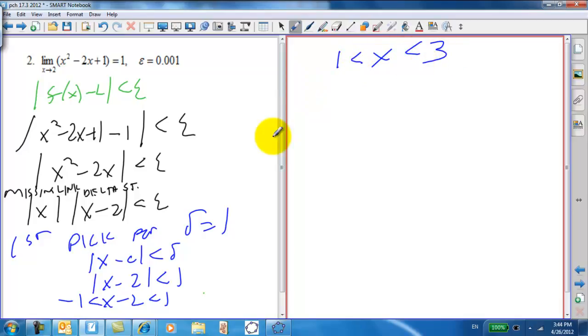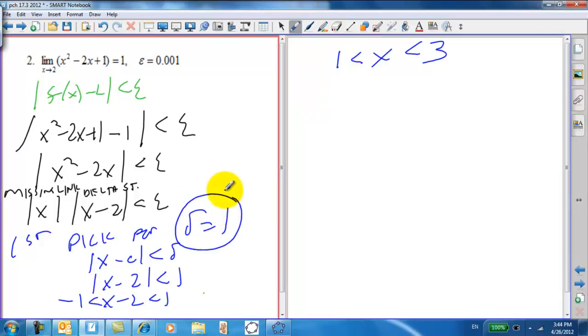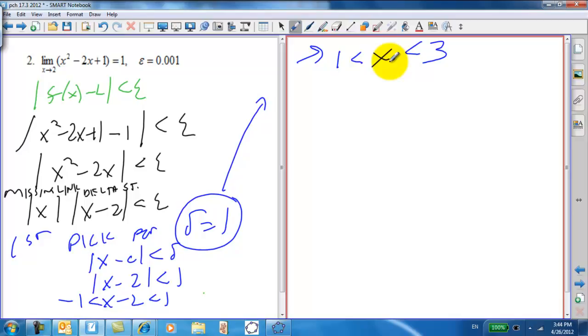Now some kids go right to this. When they pick delta equals 1, they go right to this statement because they understand the concept. You want to get within 1 of what x is approaching. Within 1 of 2 is between 1 and 3. So you don't have to go through all this absolute value analysis. If you just want to go to that, I'll understand what you're doing. I'm going to keep doing it, though, until people get the hang of it.